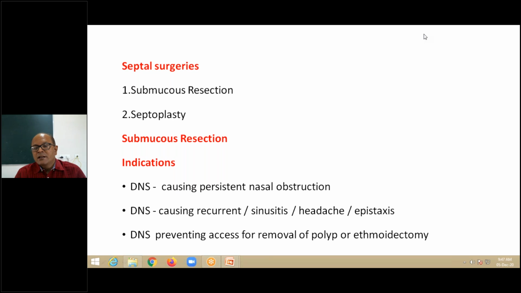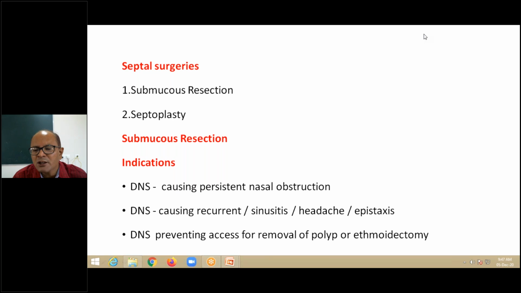And then you have the relocating technique, particularly where the cartilage has dislocated from the maxillary crest and the palatine crest. You bring the cartilage back and suture it to the maxillary crest if possible, or you suture it to the anterior maxillary spine. So these are the few techniques used in septoplasty.